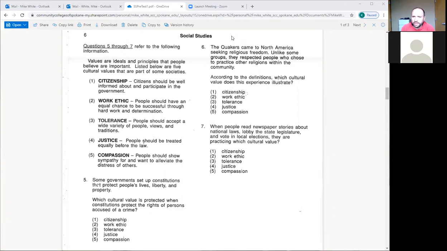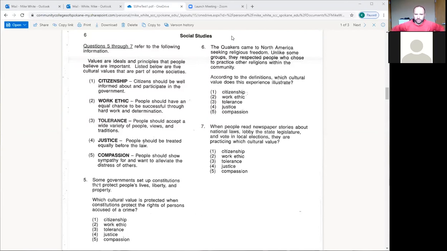So between citizenship, work ethic, tolerance, and compassion, what do we think? To me, the two closest ones that might be the right answer would be tolerance or compassion. Citizenship and work ethic don't really seem to apply.